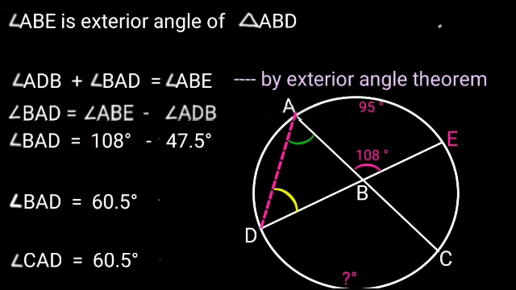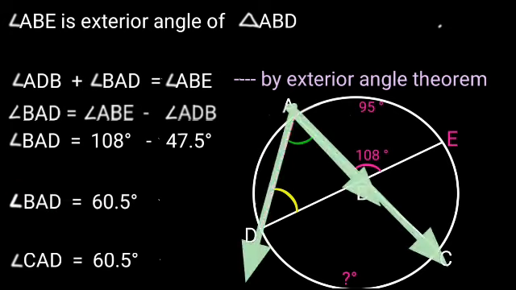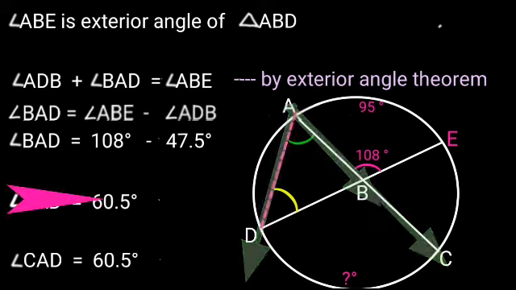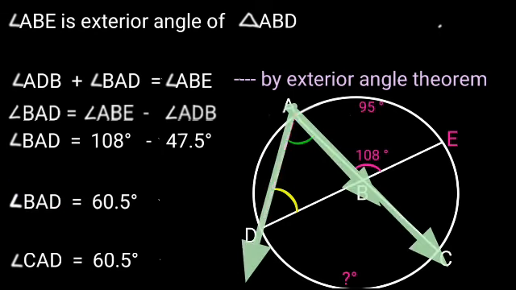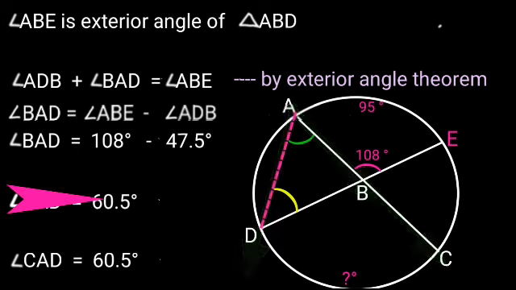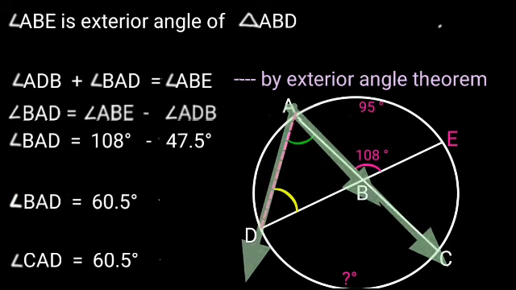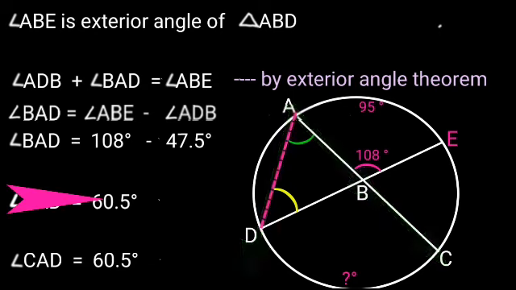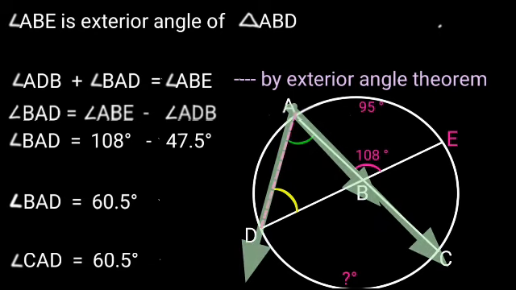Hence angle BAD is equal to 60.5 degrees. Angle BAD is nothing but angle CAD, because B is between points A and C. We read this angle as angle CAD is equal to 60.5 degrees.